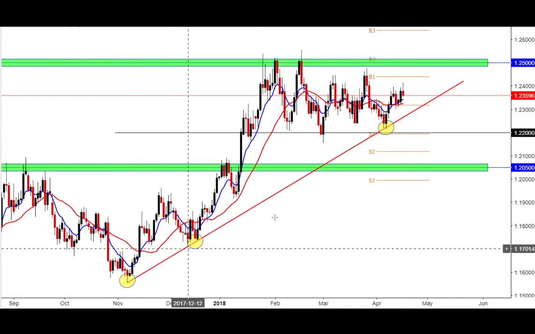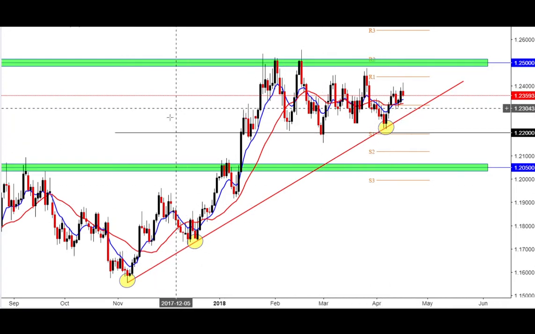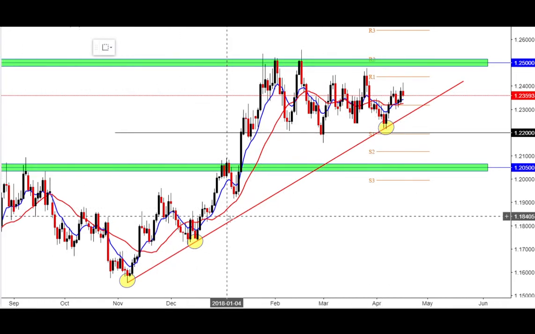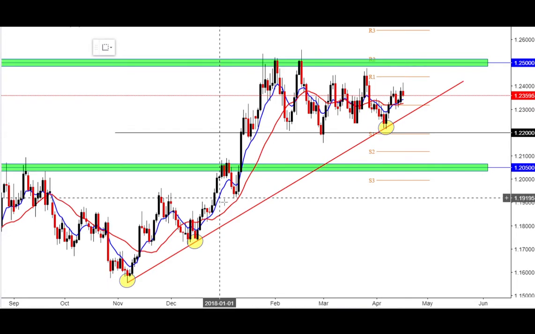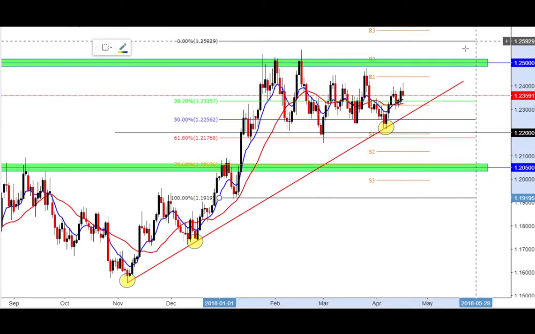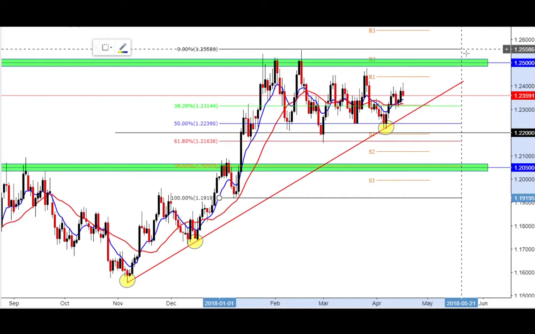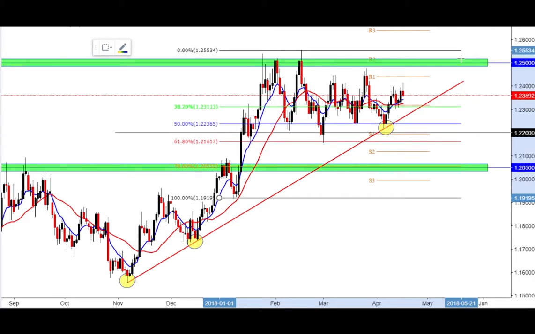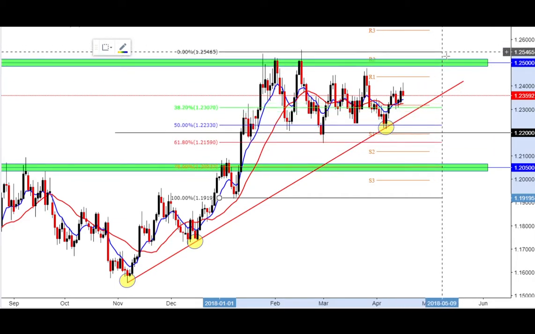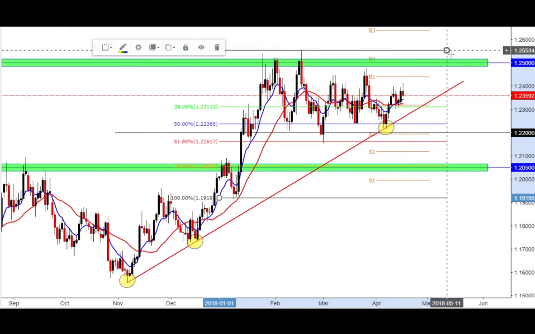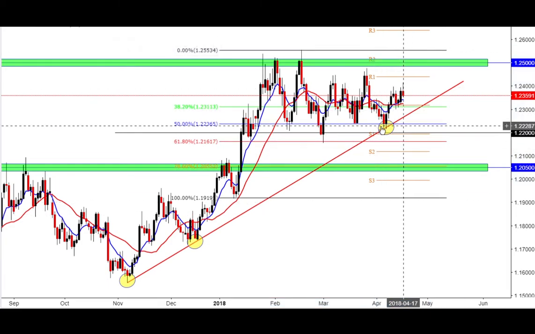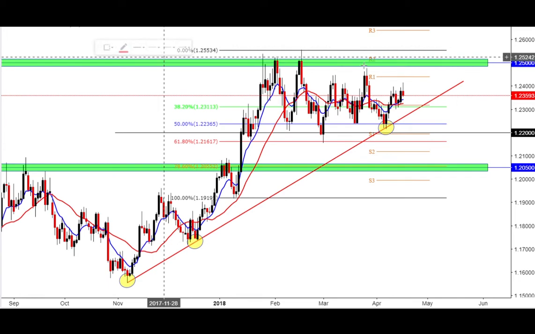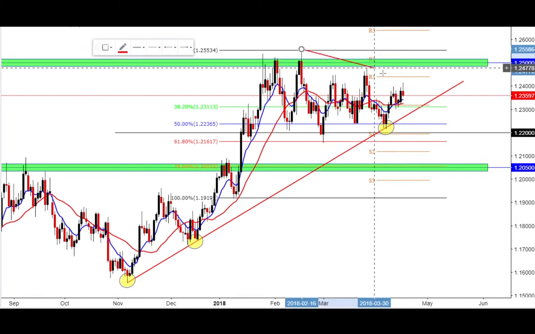The third touch is in confluence with the 50% retracement, as you can see. This is a good retracement to the 50% level. The markets clearly bounced off the 50% with accuracy, and we went back up, but we never broke this counter trend line, which is very important.